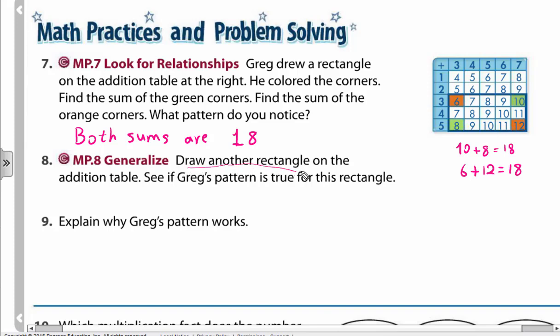Draw another rectangle on the addition table and see if Greg's pattern is true for this rectangle. Okay, my heroes, I will erase this because we will draw another rectangle now. Okay, quickly, my hero.